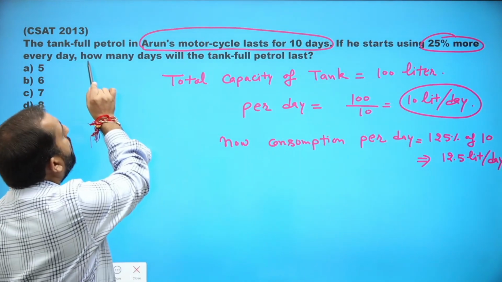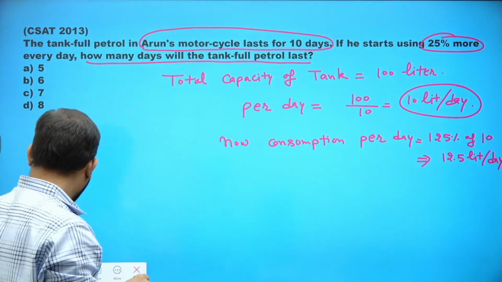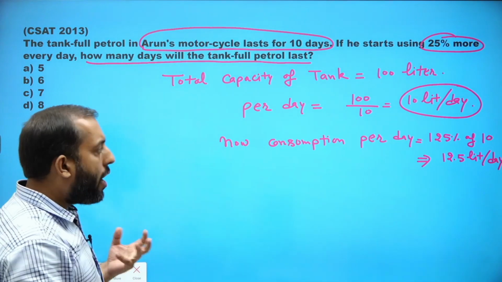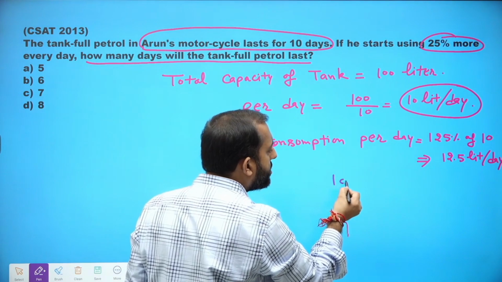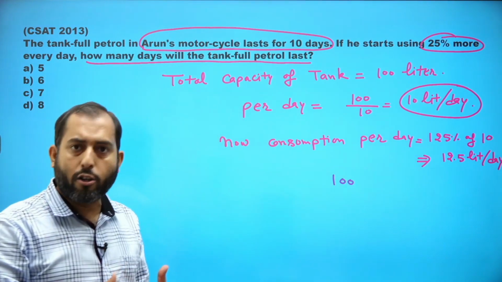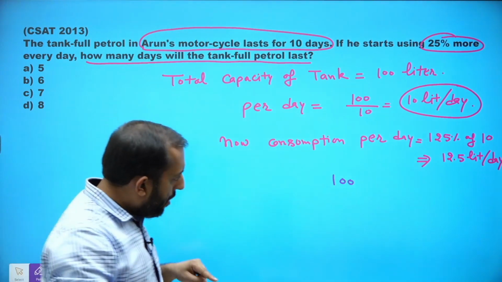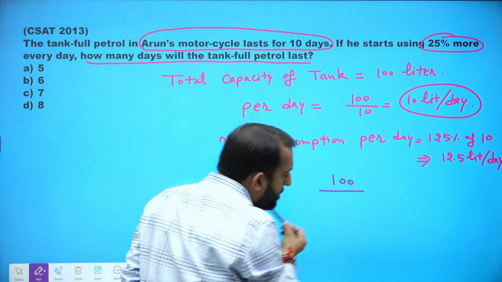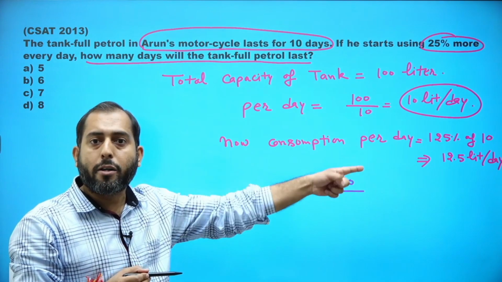So how many days will the tank full of petrol last now? Now again, the total capacity of the tank is still the same. It is 100 liters only, because there is no change given in the capacity of the tank. But now he is using 12.5 liters per day.